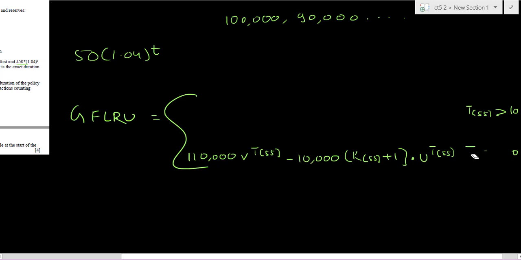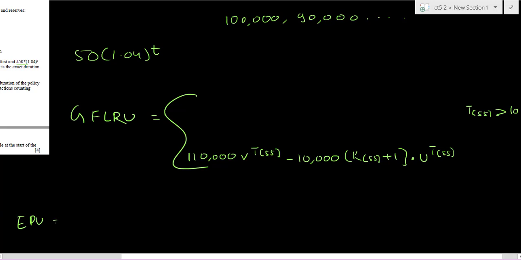What is happening here is, this is your value for the benefit, right? If he dies, 110,000 into v to the power of T55, and then you have this benefit which is reducing, and this is very similar to what we do when we calculate the EPV.